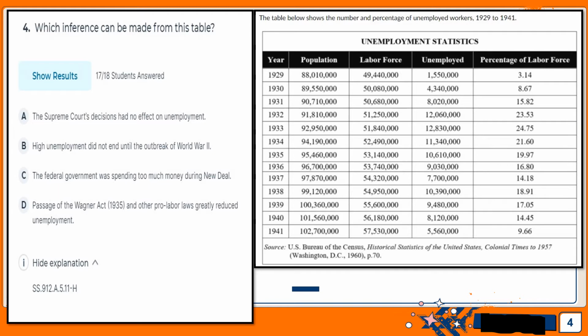We see the unemployed numbers go from 8,120,000 to 5,560,000. The correct answer is B.